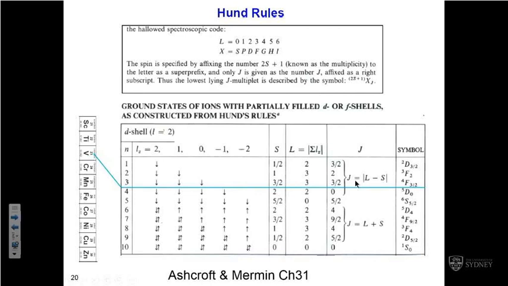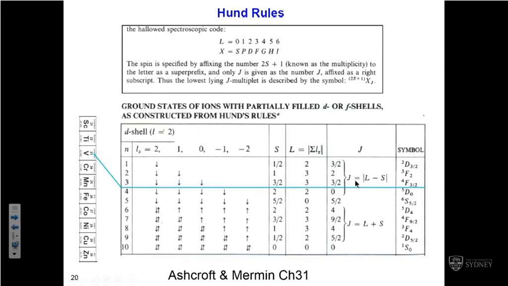And the X that they use in their notation is such that if the total of the Z component of the angular momentum is equal to 0, we use an S. If it's equal to 1, we call it a P. If it's equal to 2, we call it a D, and so on from this table here.